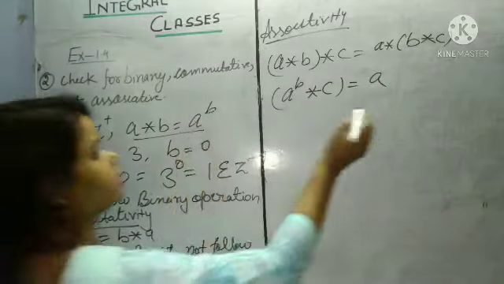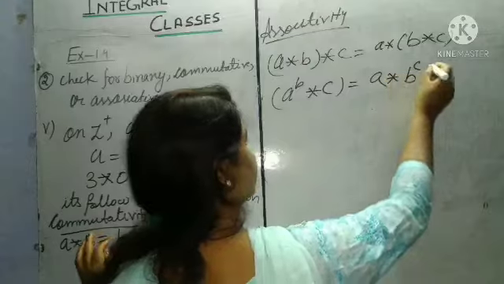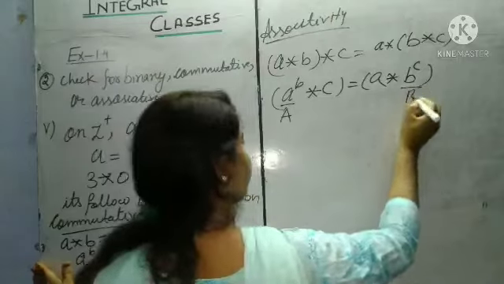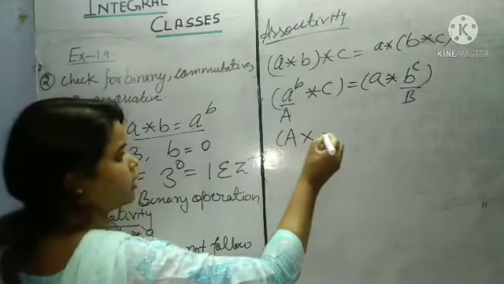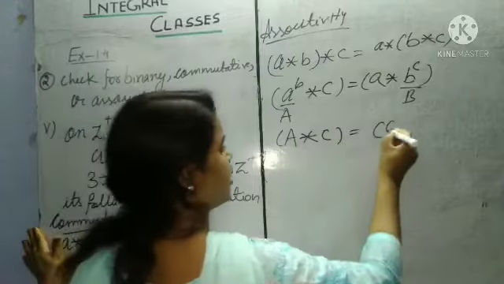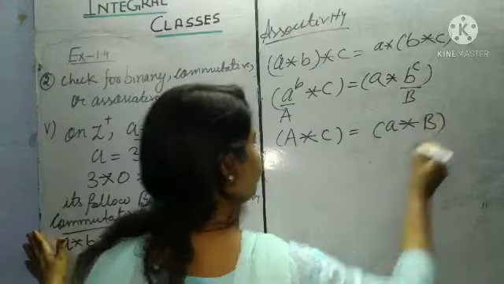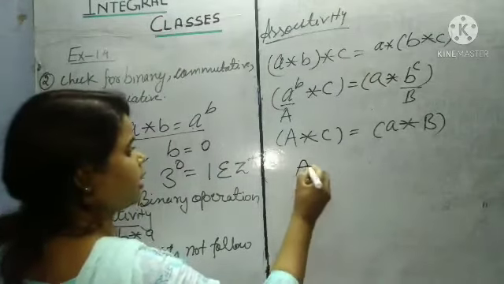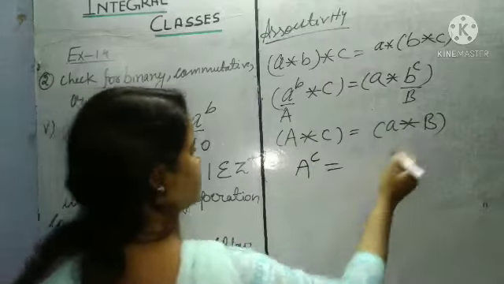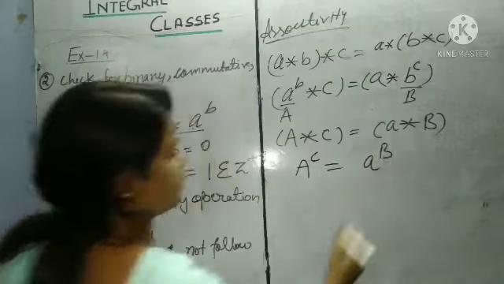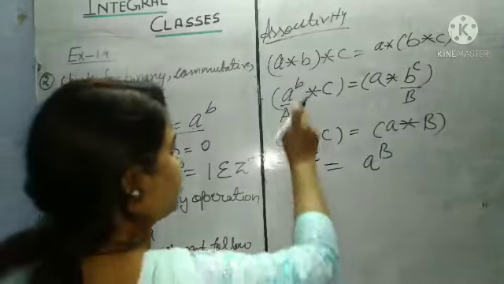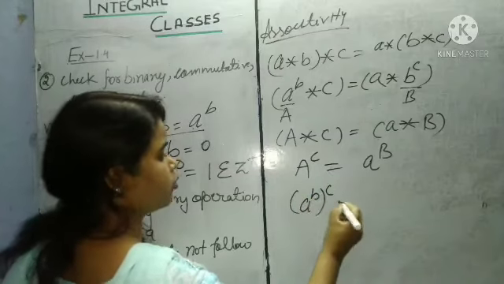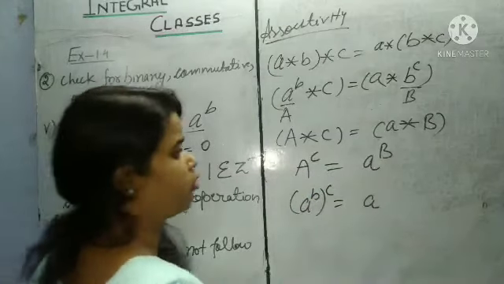B exponent C. Now we will consider, suppose this is a capital A and this is a capital B. So we should write A star C, A star B. Now A star C is A exponent C, and A star B is A exponent capital B. Now we will put the values of A and B. A equals A exponent B into C, and what is the value of B?